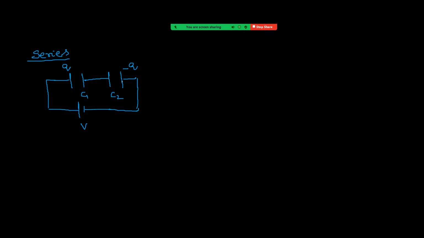Since this is minus Q, this will induce here plus Q. In the same way, since this is plus Q, this will induce here minus Q. See finally what happened? Plus Q, minus Q, plus Q, minus Q, right? That means we are charging the capacitors.